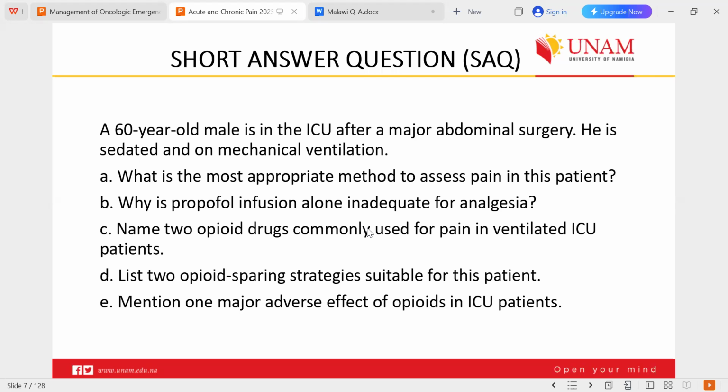C. Name 2 opioid drugs commonly used for pain in ventilated ICU patients. D. List 2 opioid sparing strategies suitable for this patient. And E. Mention 1 major adverse effect of opioids in ICU patients. We'll not attempt this. I'm just giving you something to think about. Rack your brain. Then if we're able to finish this first session, we may come back to it.